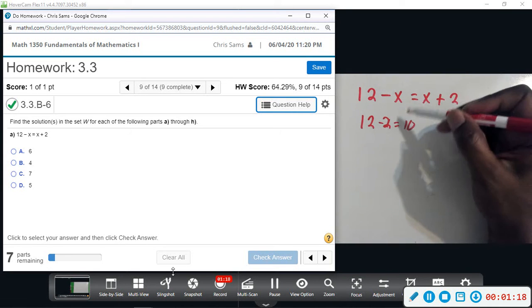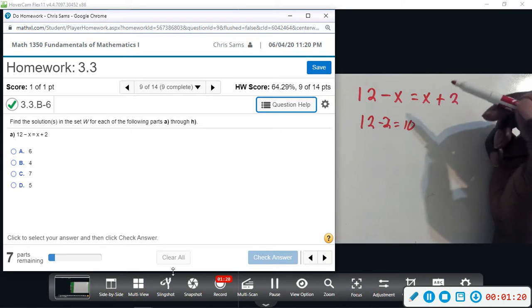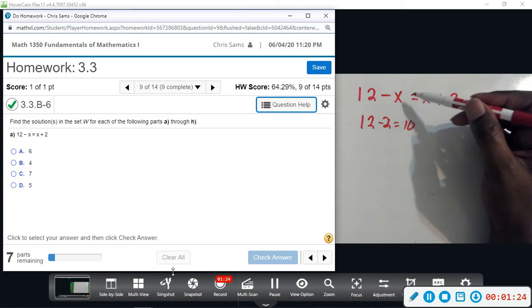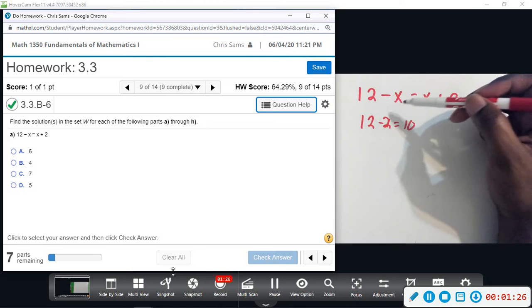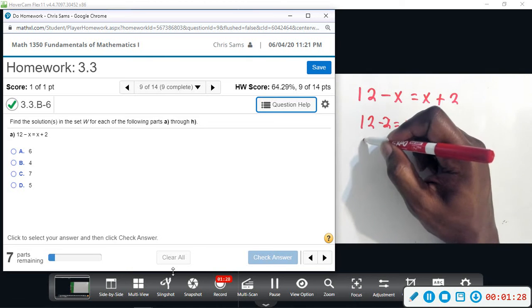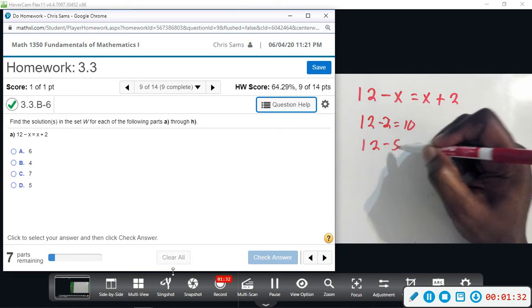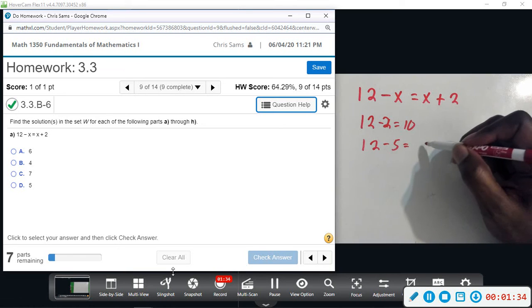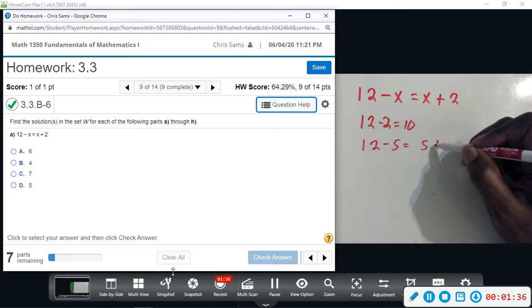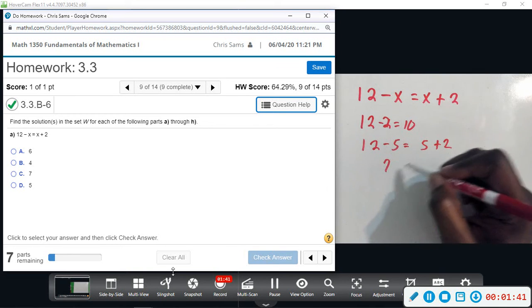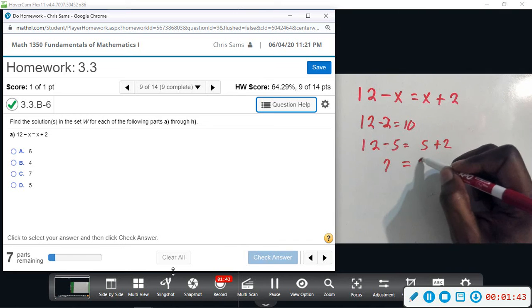So with some trial and error, we should arrive at 5, just kind of plugging in. So if you try this out and you just pick different numbers, that's one of the first ways you learn math, is trial and error. You plug in some numbers, 12 minus 5, that gives us 7, and 5 plus 2 gives us 7.